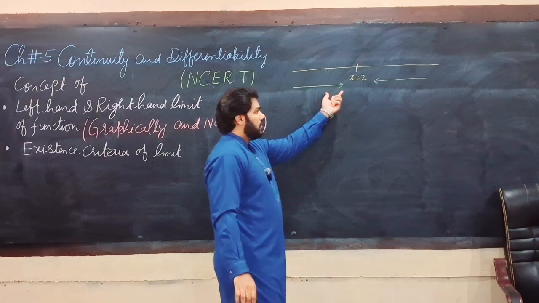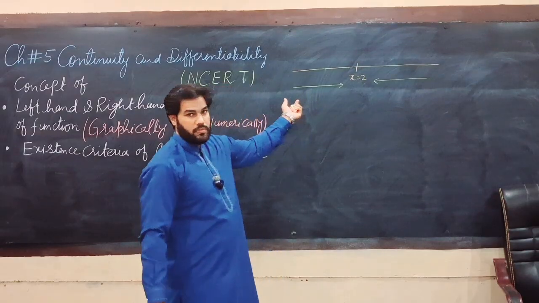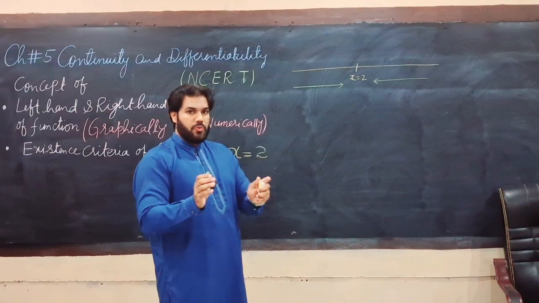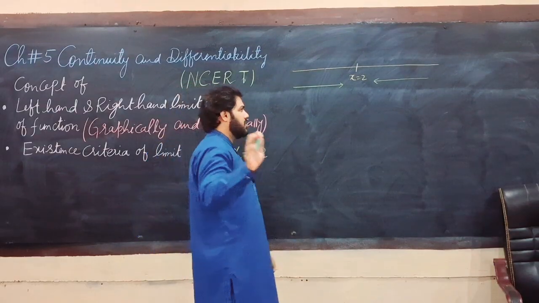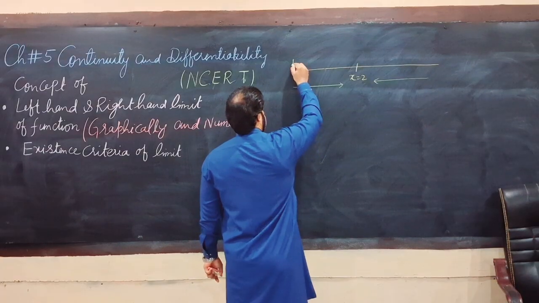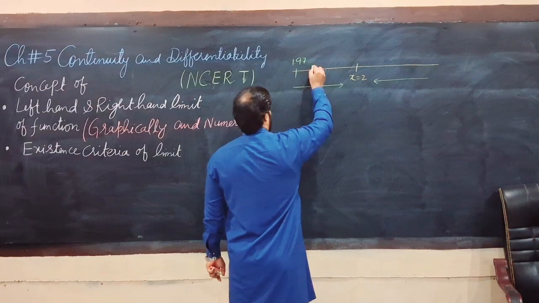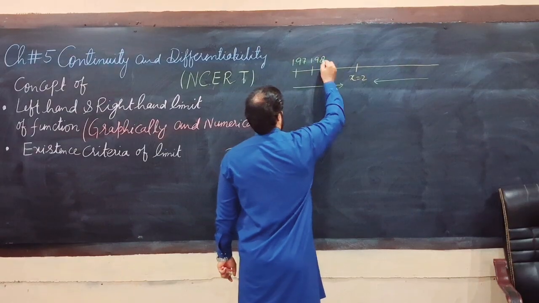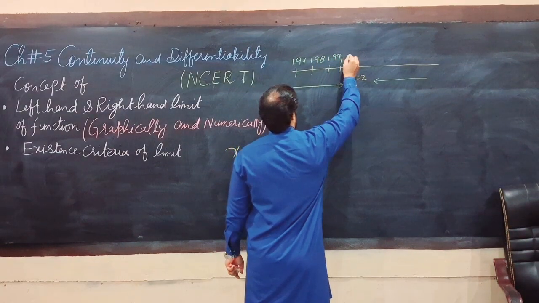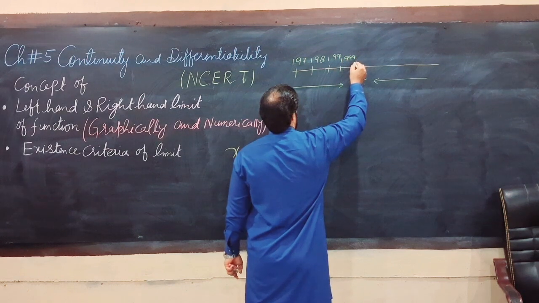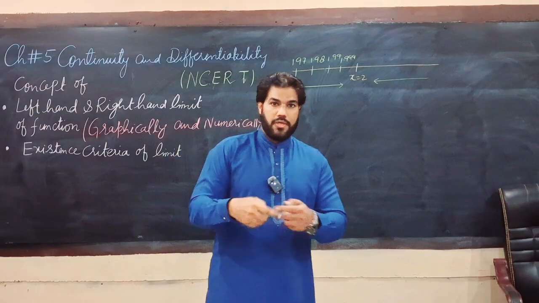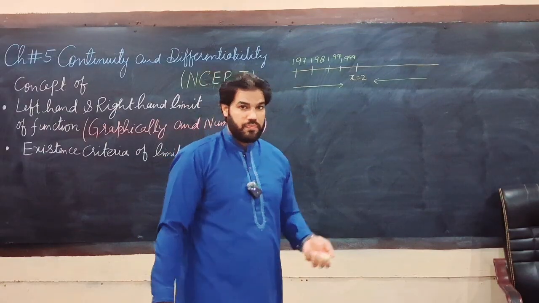But when you move towards x is equal to 2 from your left side, all of the values that approach x is equal to 2 will be less than 2. Suppose you take the numbers 1.97, 1.98, 1.99, 1.9999, and you can increase the number of 9s to move towards x is equal to 2.